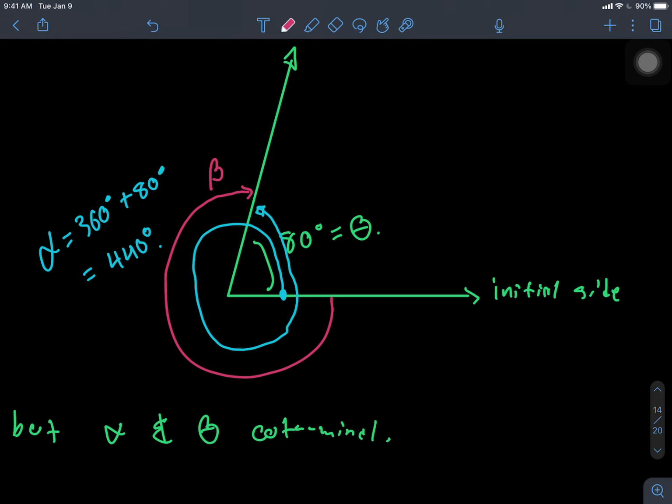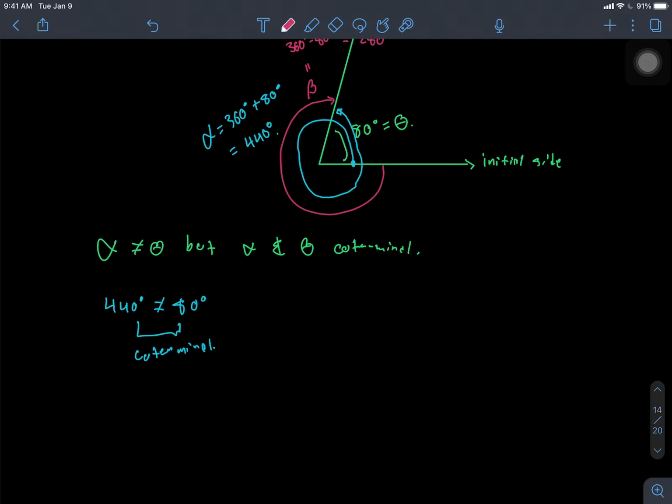If we want to know how far we should go in the negative direction, well, negative 360 would take us all the way back around to where we started. So we want to do that, except we don't want to do the final 80 degrees, which would take us all the way to 360. So beta is going to be equal to 360 degrees minus 80 degrees, and that would be 280 degrees.